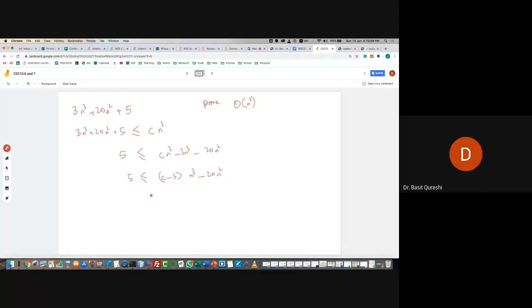Any ideas? Do we use the quadratic formula? You move n squared over here, and you can have n minus 20. You get something like this.